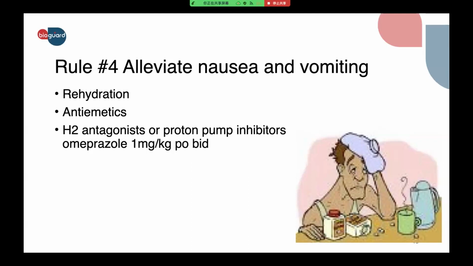But there is some literature that has been published several years ago. Compared to PPIs, H2 antagonists like famotidine and ranitidine have an effect that cannot last very long. They can be effective very quickly, but the duration cannot last long.